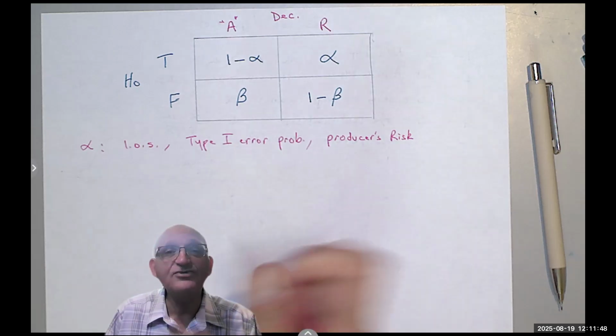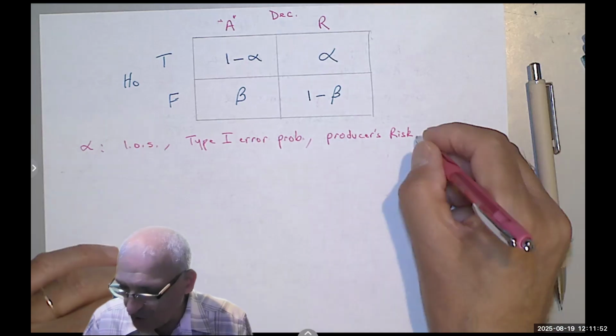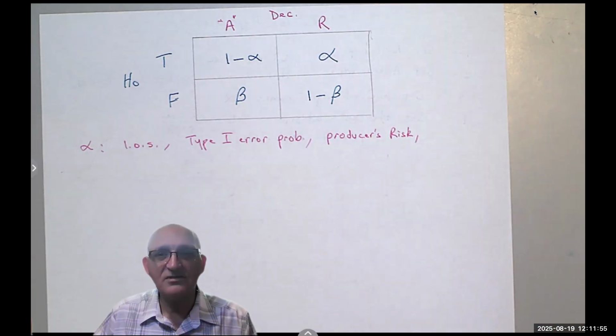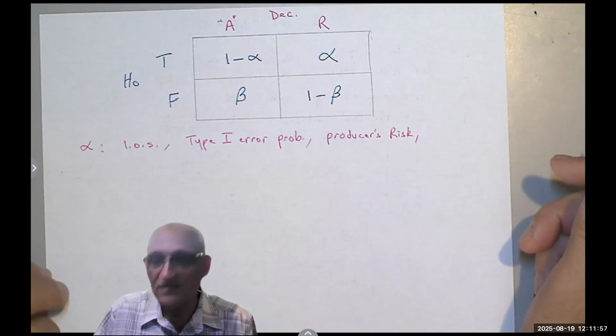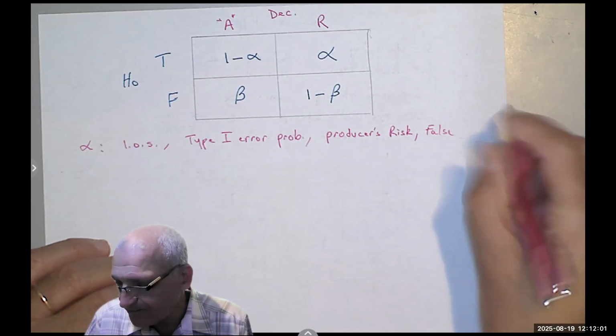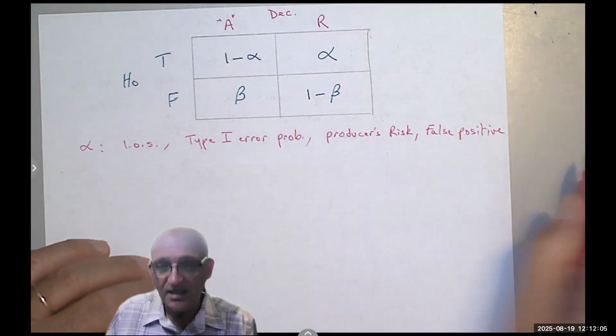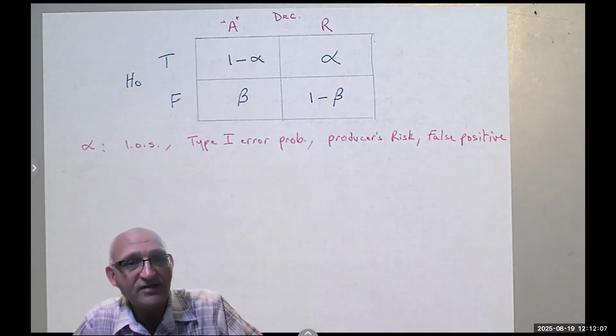So that's the risk the producer is taking. Also, usually in medicine or psychology, we call that the false positive. See how many names? You can hear one of these four names, and all of them refer to alpha.